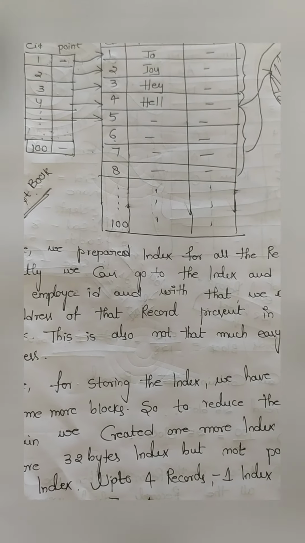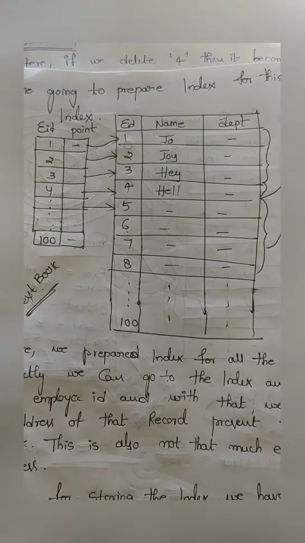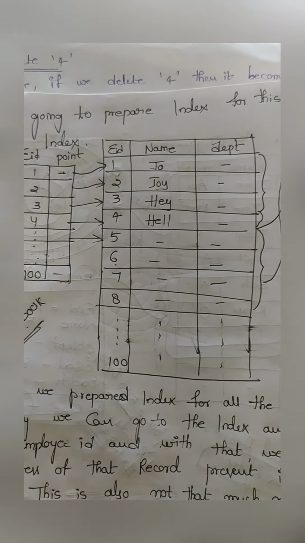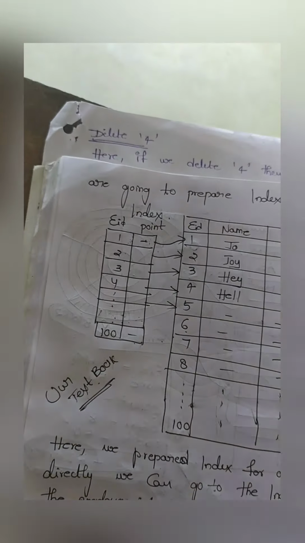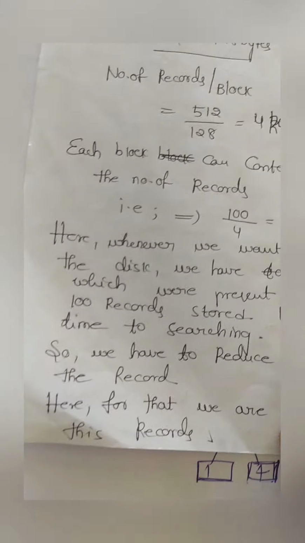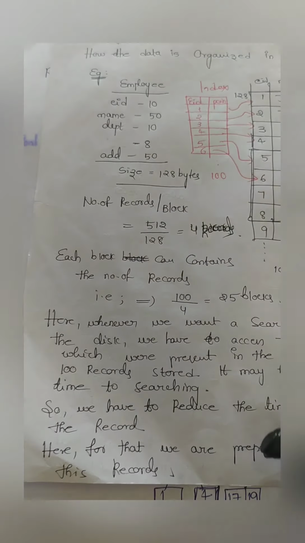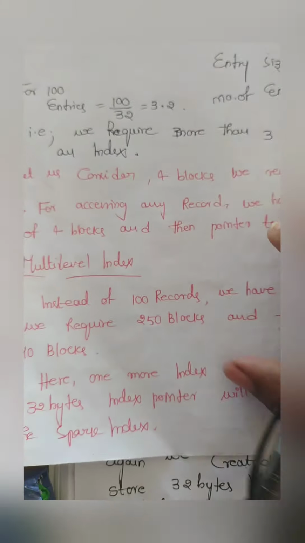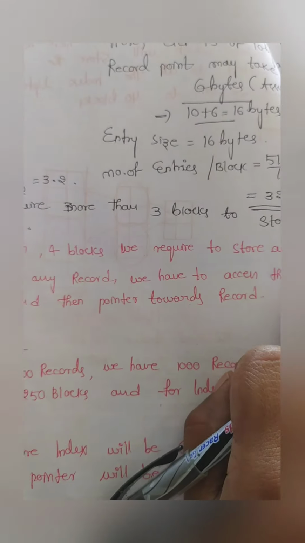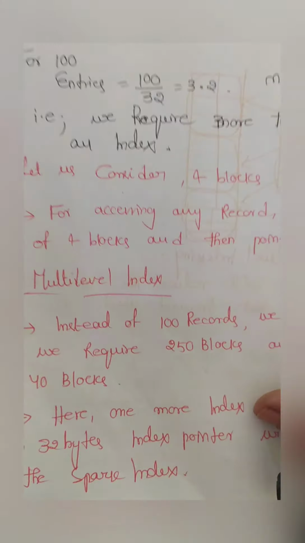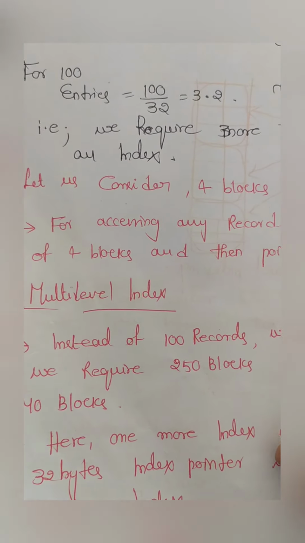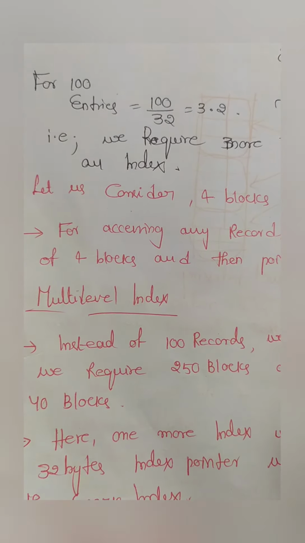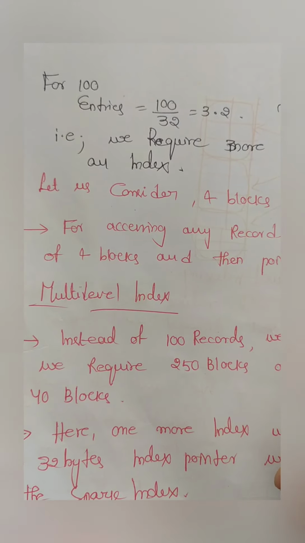So to reduce the time, whenever we want to access any record, we have to go through those 4 index blocks.